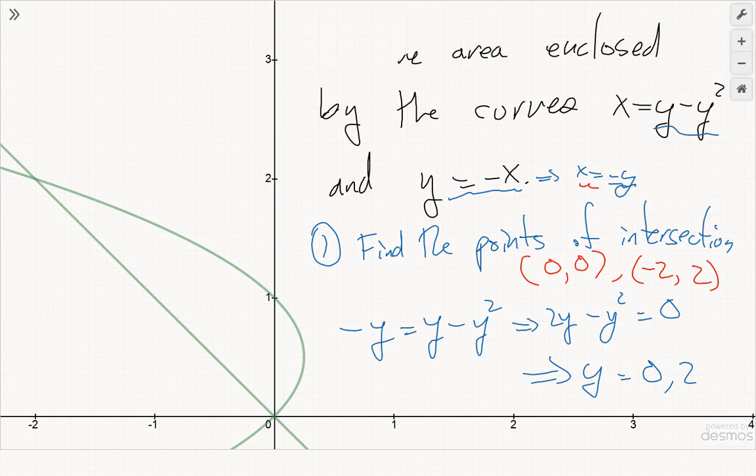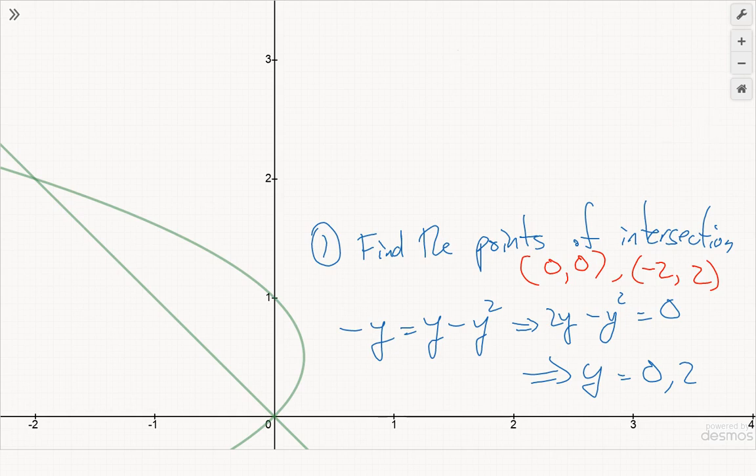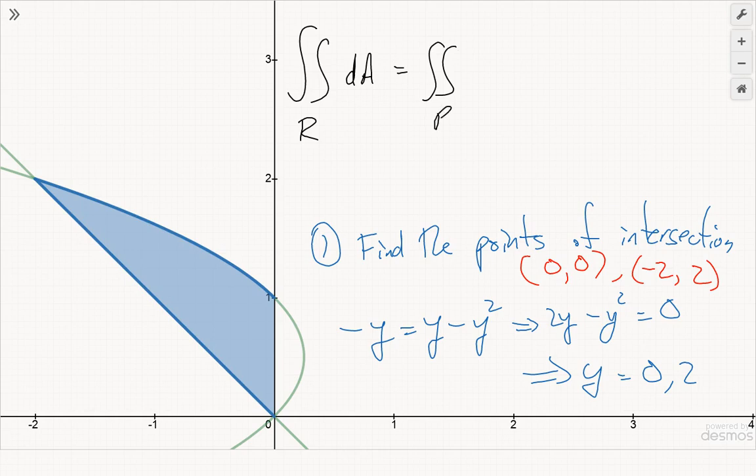Okay, so now let's try to find the area using that. So first of all, there's sort of two distinct parts to this region. So we'll break it up as this one to the left of the origin.